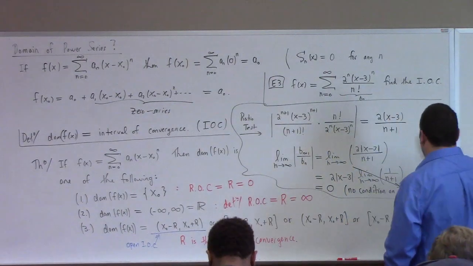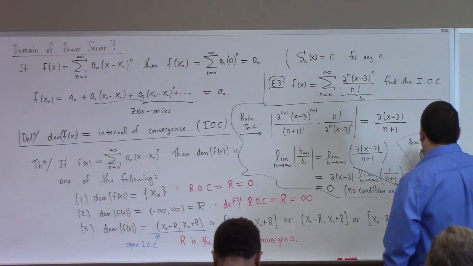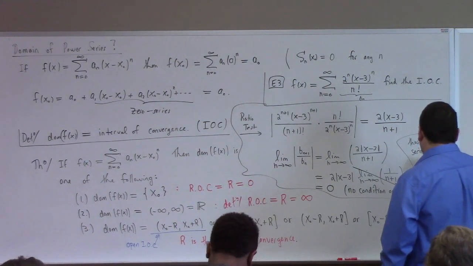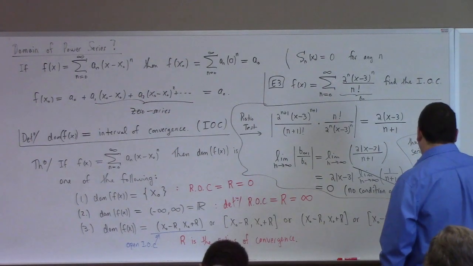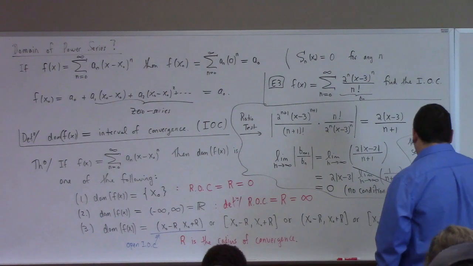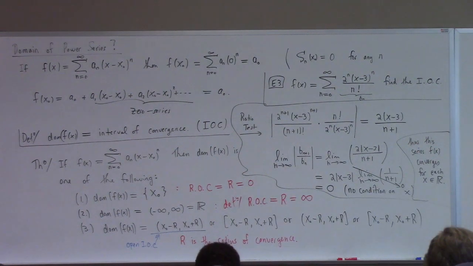Thus, this series f of x converges for each x in the reals. So the interval of convergence here is the whole real line.